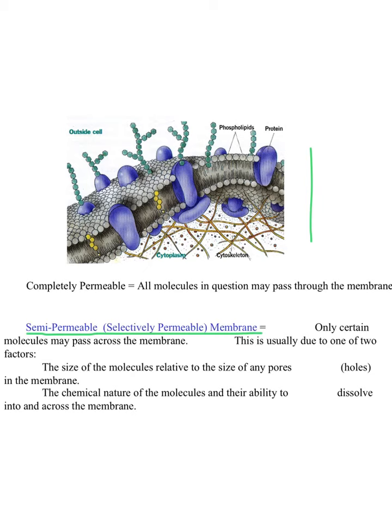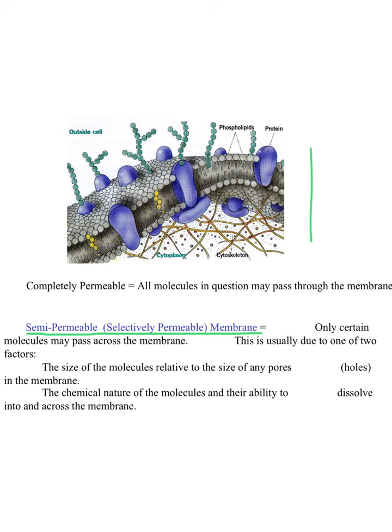If the molecule is too big, it's not going to fit through the hole, it's not going to get in or out. So sometimes that comes into play when we're looking at certain organelles. However, the cell membrane itself, the membrane surrounding the entire cell, usually doesn't have large pores in it per se.